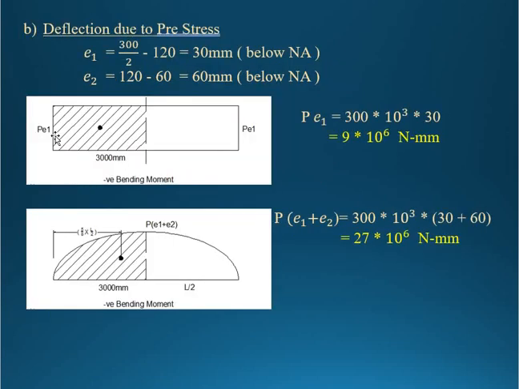Always centroidal distance is measured from the support to the center. From the support to the center, already this length is L by 2, half of that will be L by 4.